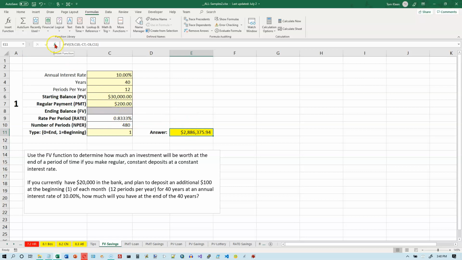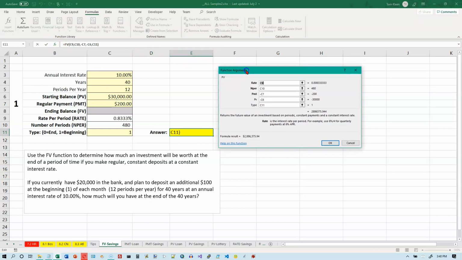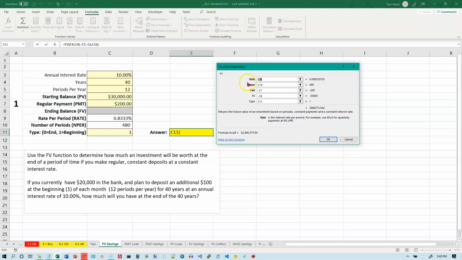And then go up here and click on the little insert function button, the little FX that's to the left of the formula bar. And it will bring up the function arguments here for you. And it will label them. We can see these if we double click, but this labels everything, and it also shows you what the equivalent value is over here. So if you see some number over here that looks way off, then you probably have something wrong over here. The most common mistake that people make, I think, is they put the annual rate in here instead of the rate per period.